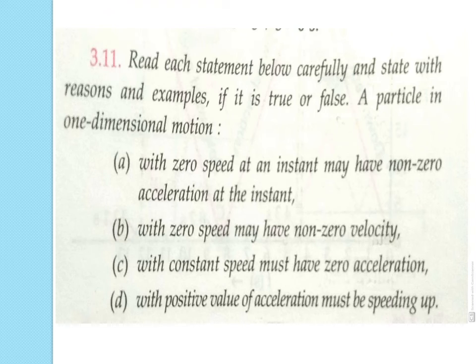It is not possible that the object is always speeding up when it has positive acceleration, which corresponds to the example: if the initial velocity of a body is negative, then even in the case of positive acceleration, the body speeds down, and a body speeds up when the acceleration acts in the direction of motion. So one case is not following this statement, hence it is false.